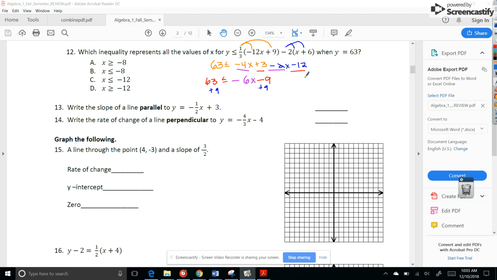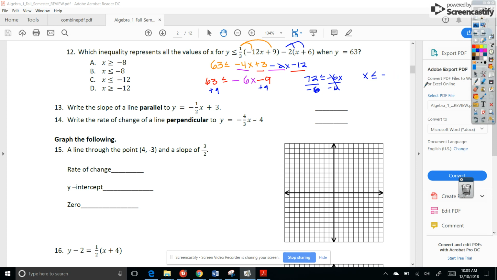That gives me 72 is less than or equal to negative 6x. Dividing by negative 6 is going to switch the direction of my inequality. So I have x is less than or equal to negative 12. There we go.